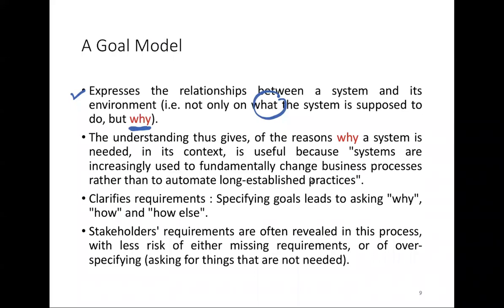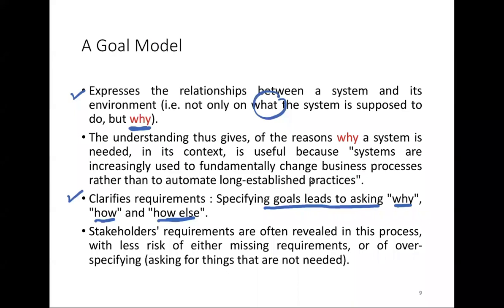Also, a goal model is really important because it clarifies requirements. They are used to specify goals that lead to asking the why questions, and even the how questions and how else questions. Stakeholders' requirements are often revealed in this process with less risk of either missing requirements or over specifying.